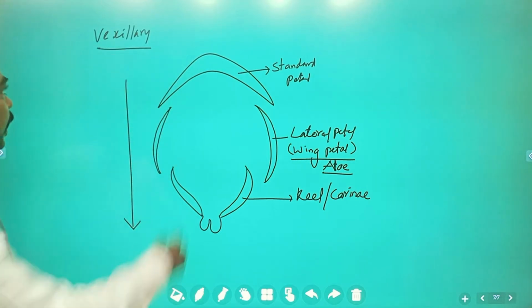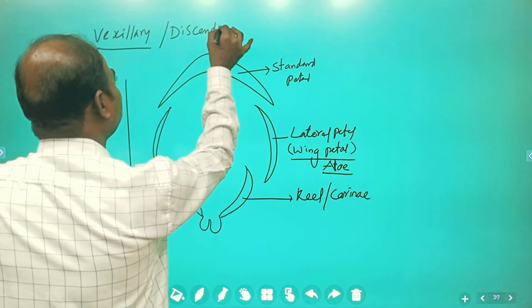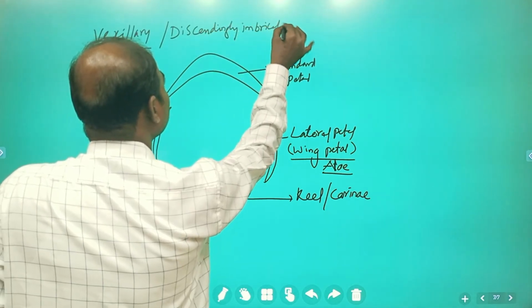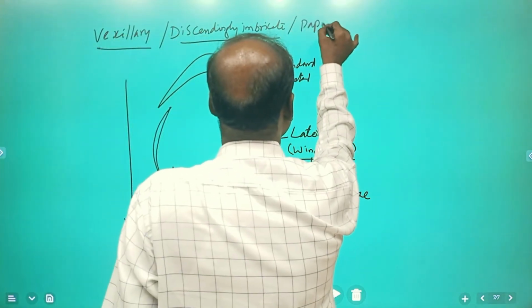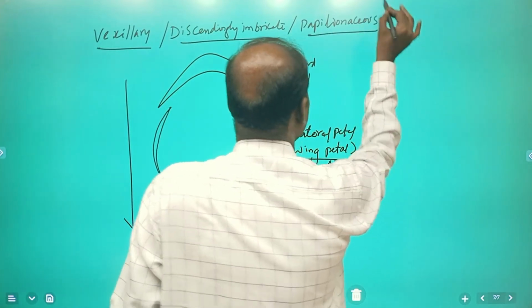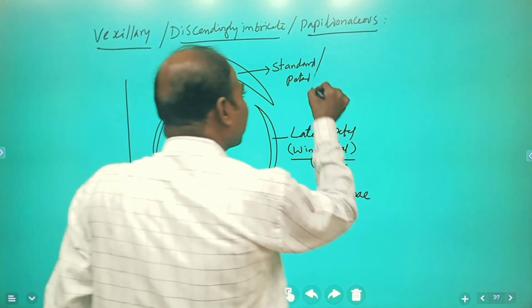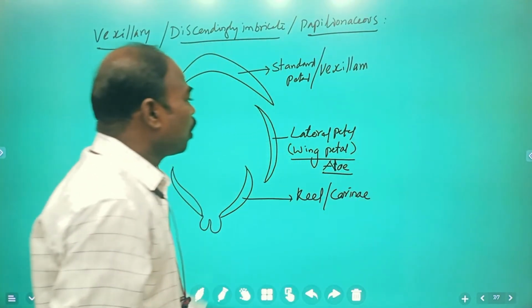Such an arrangement is otherwise called descendingly imbricate or vexillary or papilionaceous. Very important. The standard petal is otherwise called vexillum, which is the largest.